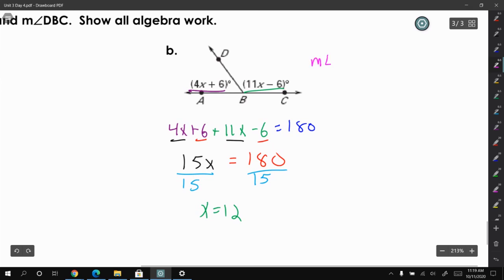So the measure of angle ABD is going to be 4 times 12 plus 6. So we can type that into the calculator, and we get 54.